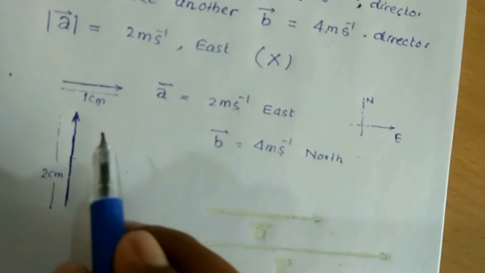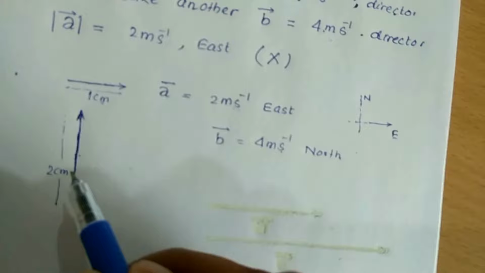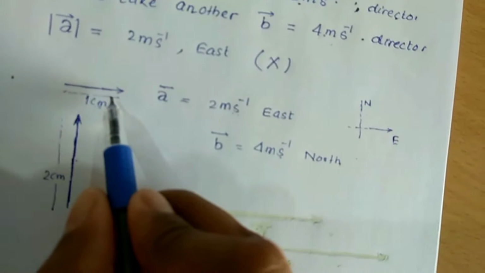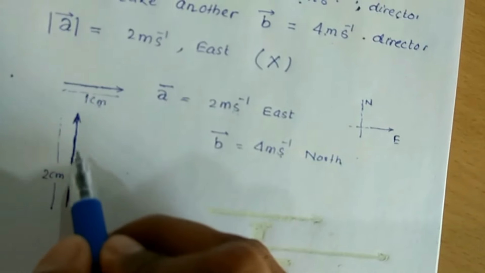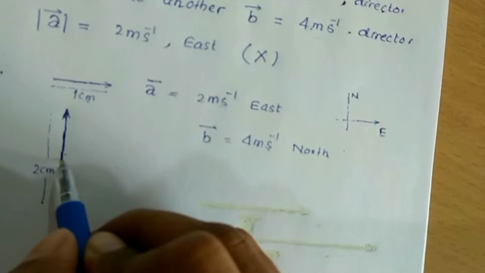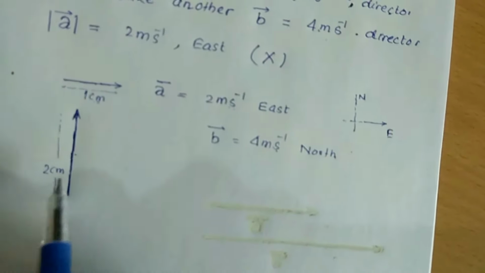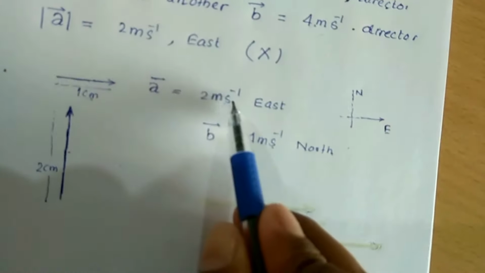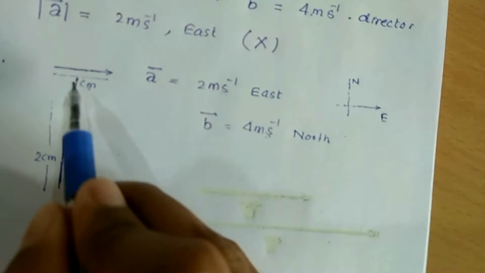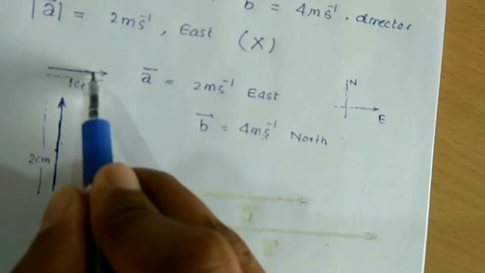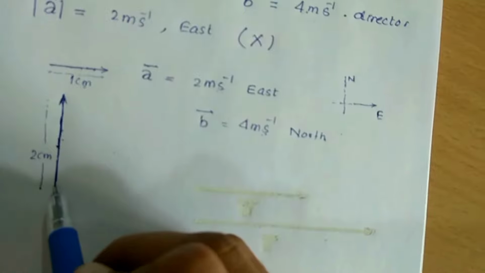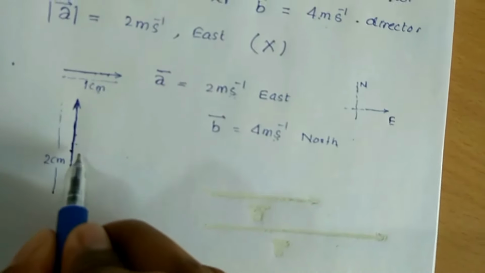This is the meaning of proportional to the vector: this is the length of the arrow of vector A, and this is the length of the arrow of vector B. So if we take 2 meters per second and its magnitude is double this, its length is double this length. It is 1 centimeter, then it is 2 centimeters. It is vector B.